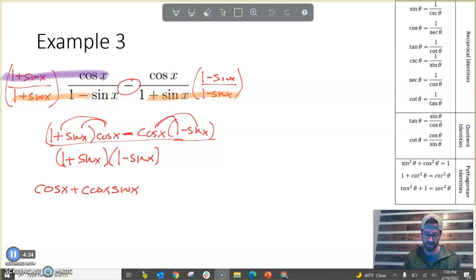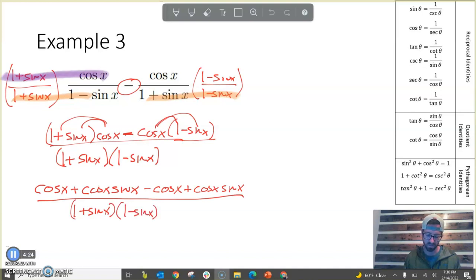Minus cosine x times 1 is minus cosine x, and then minus cosine x times minus sine x, and a negative times a negative is a positive, cosine x sine x. And once again, we're still all over that denominator of 1 plus sine x, 1 minus sine x.